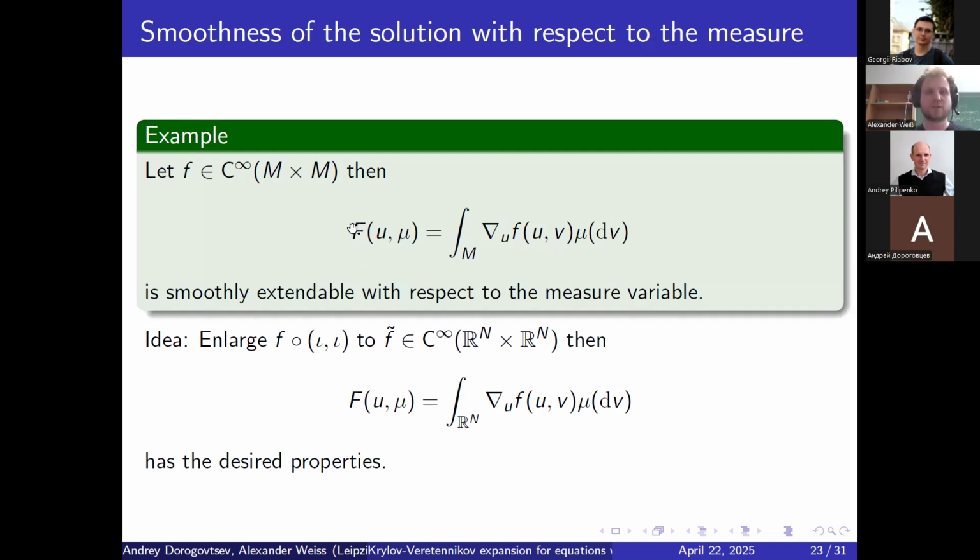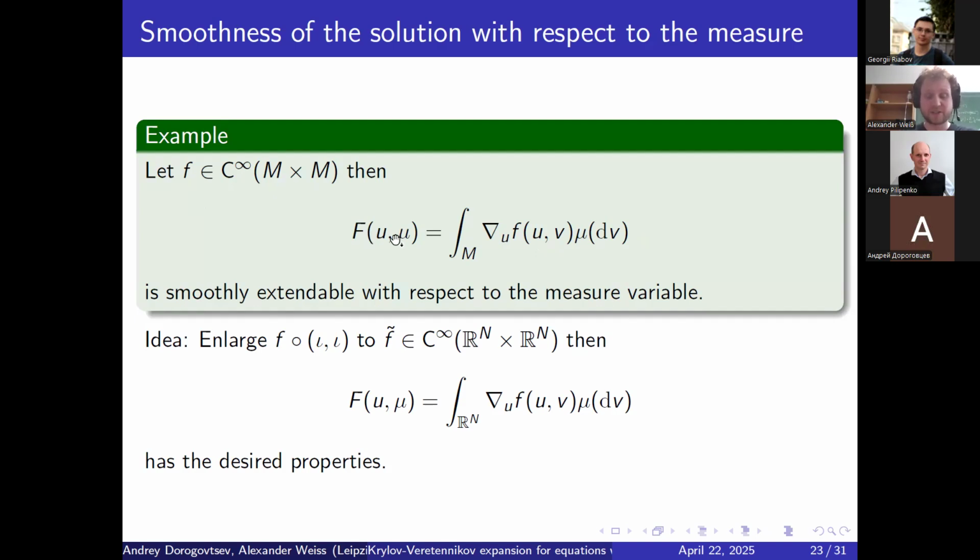Before I continue, let me give an example on how to construct this. So we look at the following vector field here. F is smooth on the product manifold, and then we only differentiate with respect to one component.